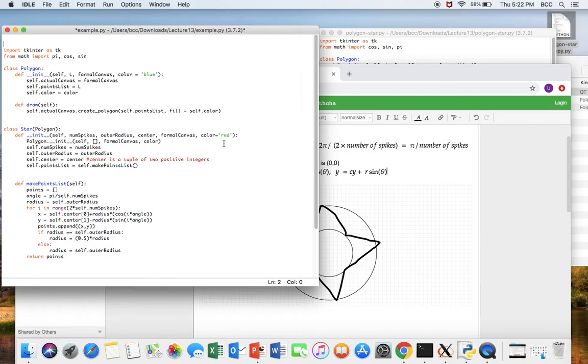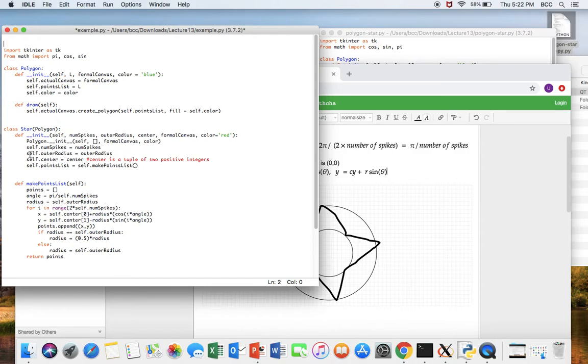Okay, how do we address any of these? For canvas, color, and you have an empty list, well, use the polygon class that we defined to handle the list. As of now, you don't have a list.